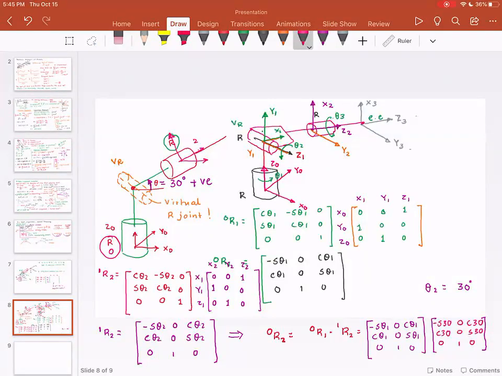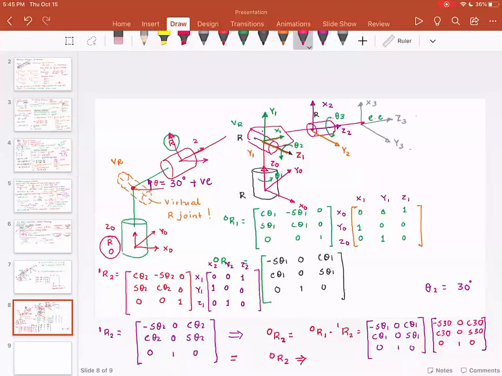And with this, I have 0R2. And then the solution can proceed further.